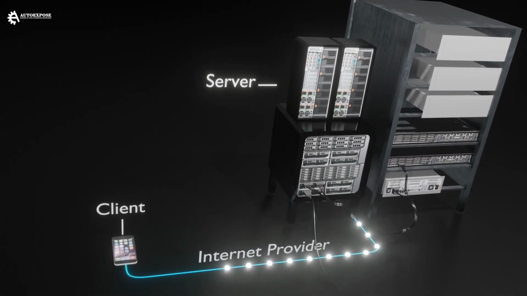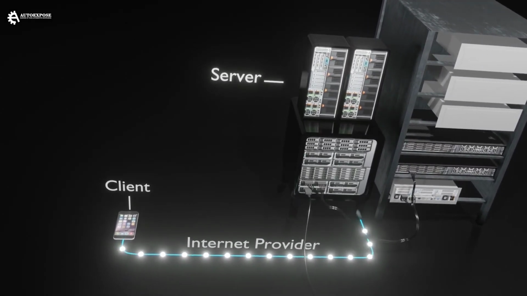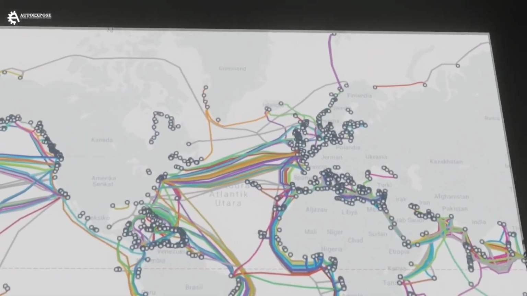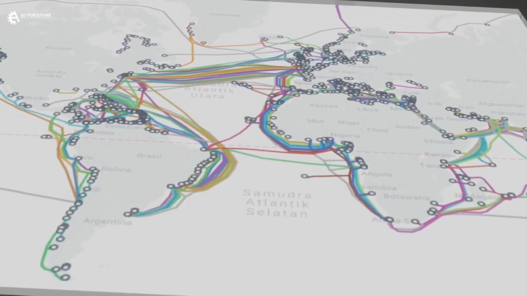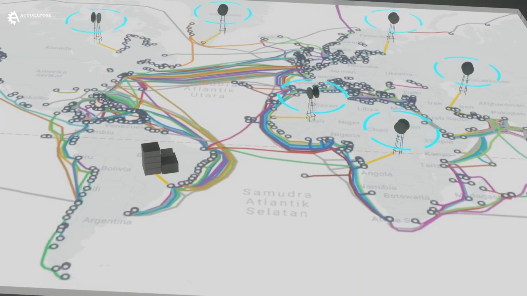This is an institution or company that provides these connections. So the server located in a location will be connected to this fiber optic cable network. Then, the ISP is also connected to the fiber optic cable network. At this stage, the ISP and server are already connected. The next step, we just need to connect the ISP to the client.